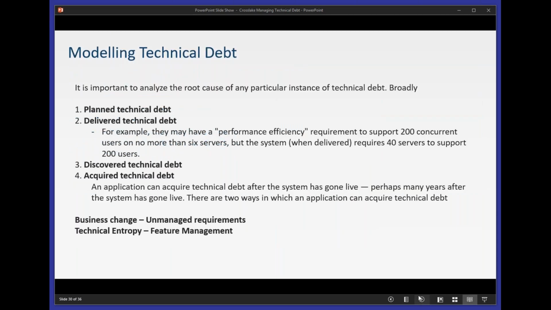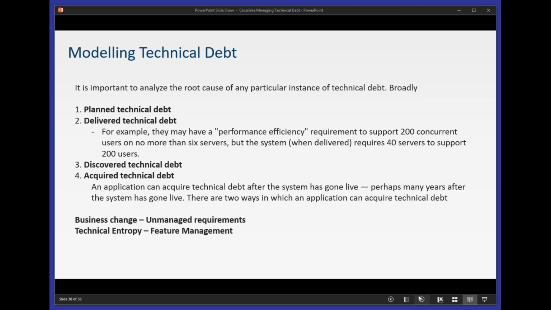It is important to analyze the root cause of any particular instance of technical debt. So plan technical debt. If you're planning it and it's part of the incremental planning, then great. It's managed technical debt, it's not unmanaged. It's not a concern. Delivered technical debt is a concern. Performance efficiency is normally where technical debt has been incurred after the fact, because no one has thought about the quality based on performance ability early on in the architectural life cycle.